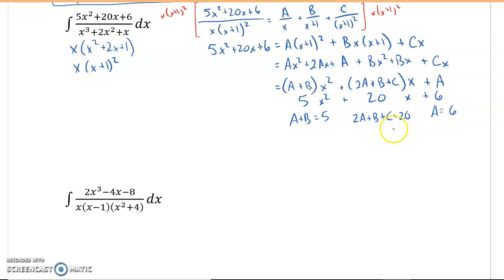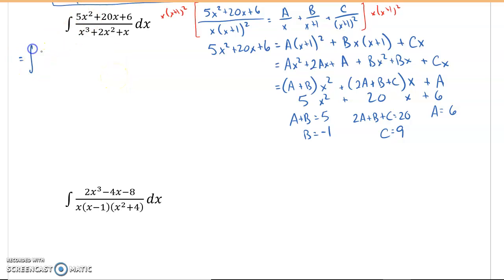That's very nice because that means that if 6 plus B equals 5, then B equals -1. And if 2A plus B plus C equals 20, well, that's 12 minus 1, or 11, plus C equals 20. So C equals 9, because 11 plus 9 equals 20. So those are the three numerators for our partial fraction decomposition.